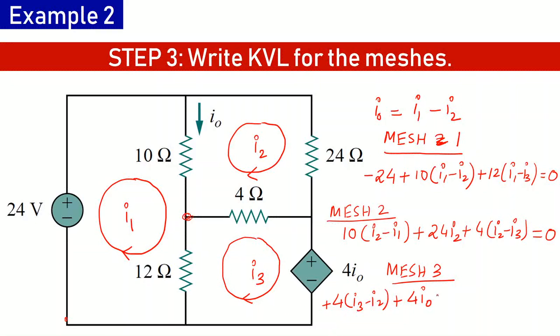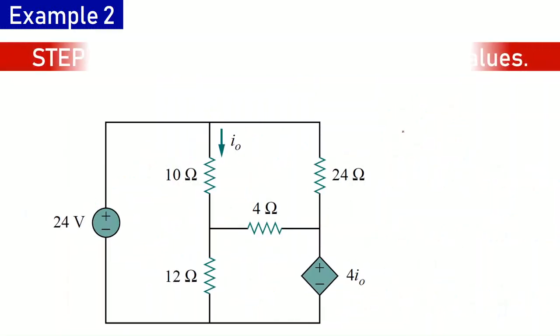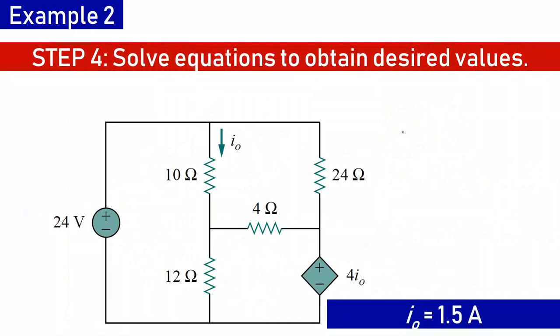Now I'll have this 12 ohm resistance on my way, so there is a fall in potential with the current as I3 minus I1, and this is equal to 0. So now we have 4 equations for I1, I2, I3 and I0, and once we solve these equations, we will be able to calculate the value of I0. Solving them, we get the value of I0 as 1.5 amperes.